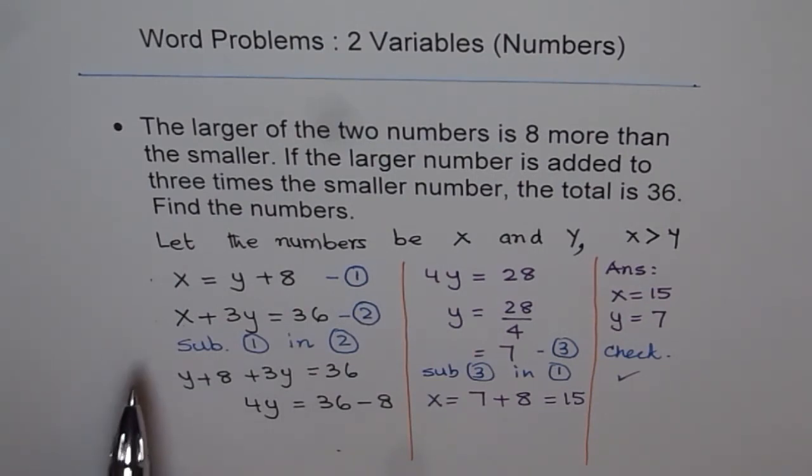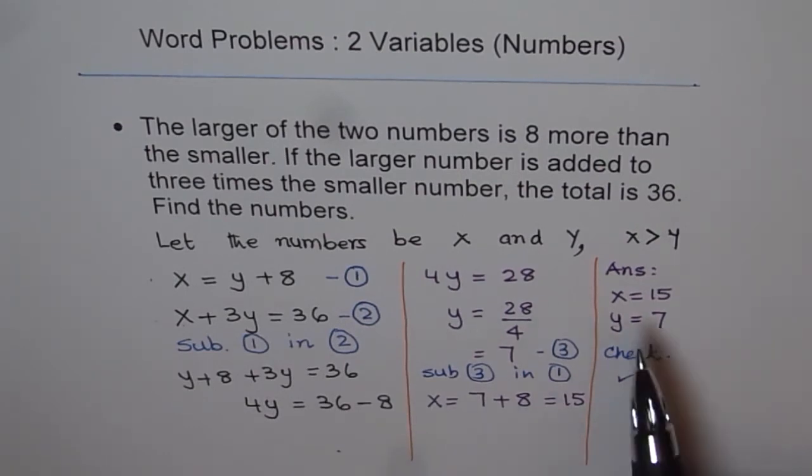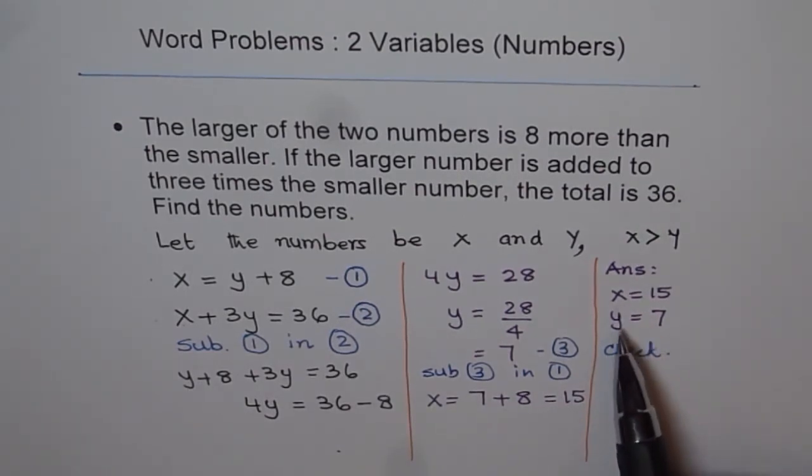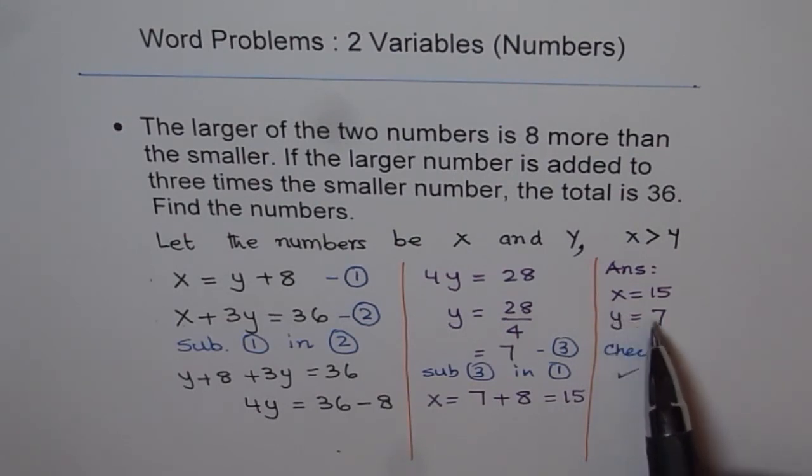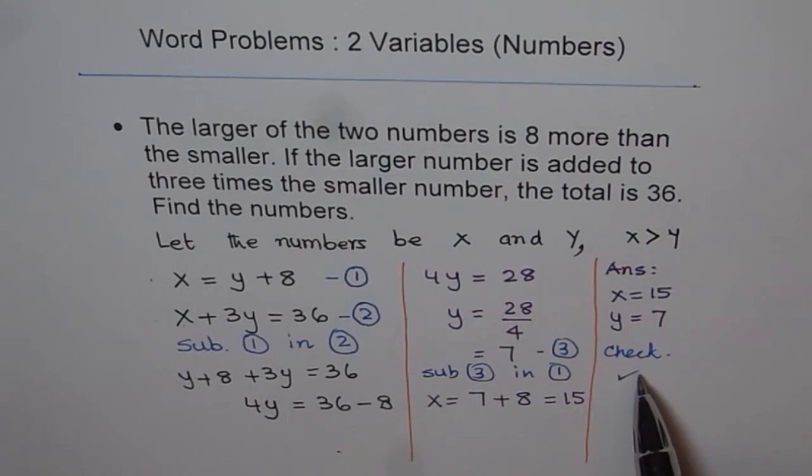Once you have two equations, you can apply the method of substitution or elimination to solve. When you solve, the defined variables should have exact values. Then write down the answer clearly. It's a good idea to check your answer by substituting the values back into the equations from where you started. Once you do all this, you are sure you attempted the problem and got the correct results.